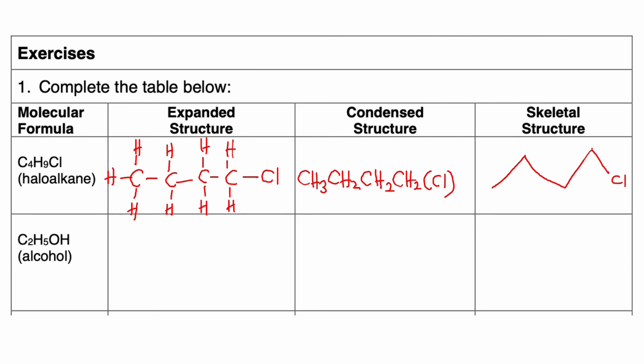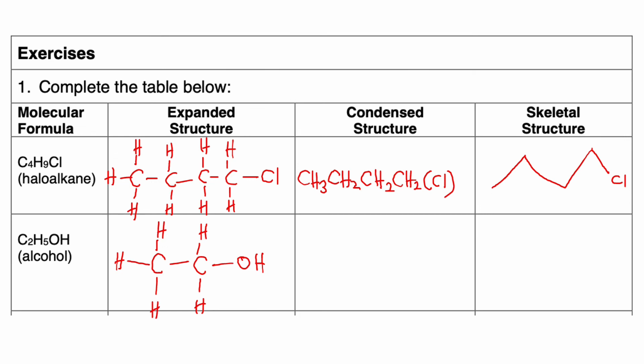Alright. Now, alcohol. Okay, it's at the end, right? So, there are 2 carbon. So, we start with 2. 1, 2. So, alcohol, the functional group is OH. Like this. So, another 5. 1, 2, 3, 4, 5. Okay, there you go. Right. How about the condensed structure?